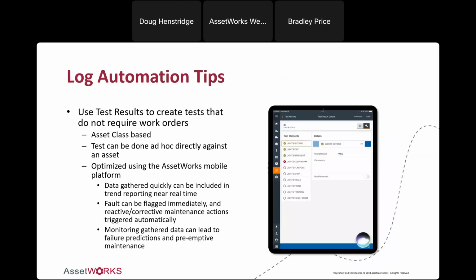So this last piece just talks about how you can do that in the field by collecting it in an automated fashion, where you can simply build a checklist, capture data, you can capture real values, you can mark something pass fail. Once you capture it in a database and in a system, it can actually be reported on. You can actually look for trends, you can look for anomalies.